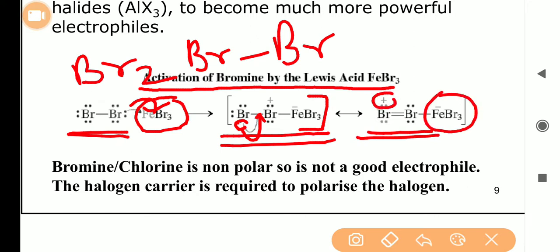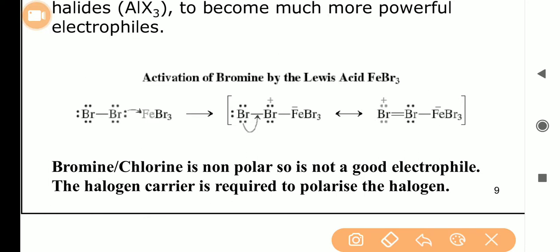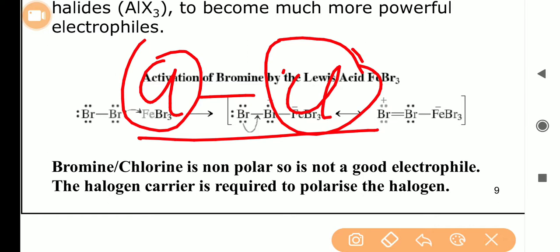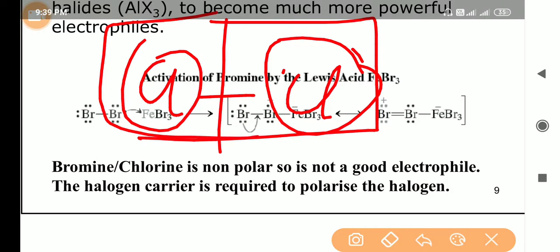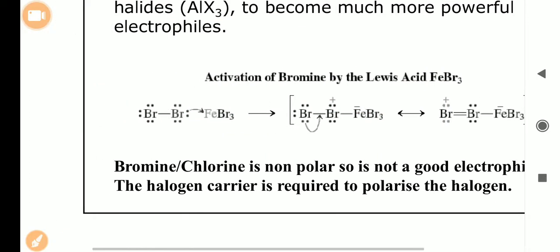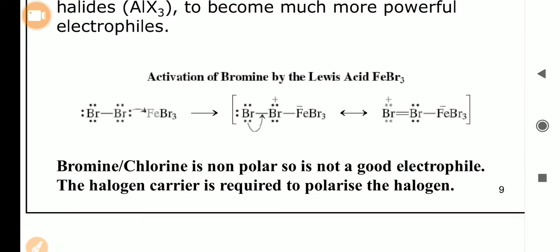Bromine and chlorine are non-polar. Why? Because the electronegativity of both atoms is the same, so there is no charge separation. All homoatomic molecules are non-polar.